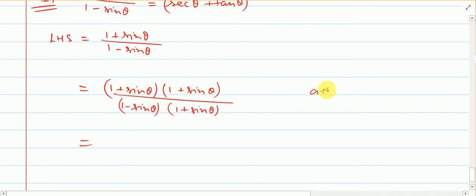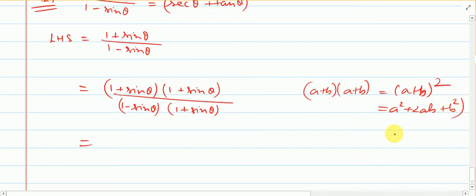That means a plus b into a plus b will be equal to a plus b whole square, which will be a square plus 2ab plus b square. Simply write this as 1 plus sin theta whole square.